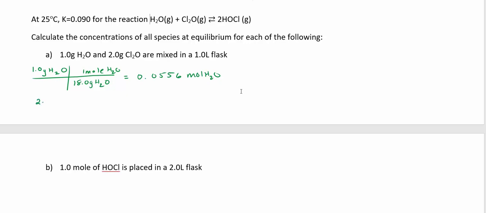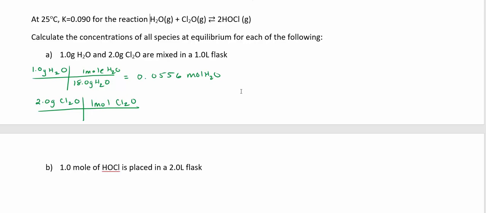And for my next one, 2.0, need to find the molar mass. Remember, to find the molar mass, you go to the periodic table and you look up the mass of each of your elements. Multiply them by the subscript, that's your stoichiometric coefficient for the compound, and add them all together.